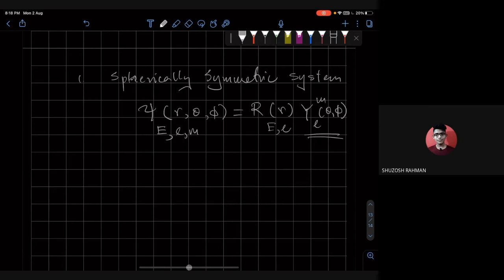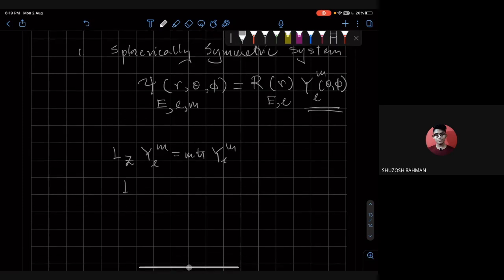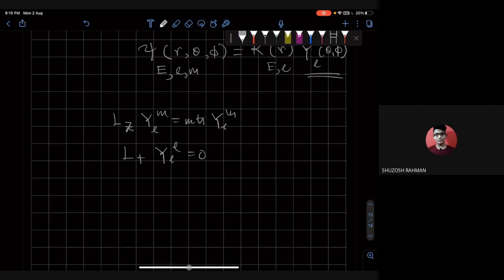And these guys, we can find them by solving the eigenvalue equation of Lz, Lz Y_L^m equals m h bar Y_L^m, and then L plus acting on Y_L^L equals 0, and from there, we just find all the others by applying the lowering operator on Y_L^L. Okay.